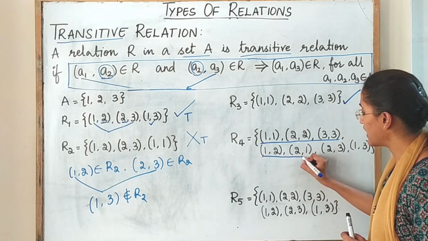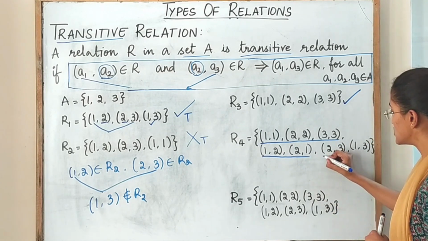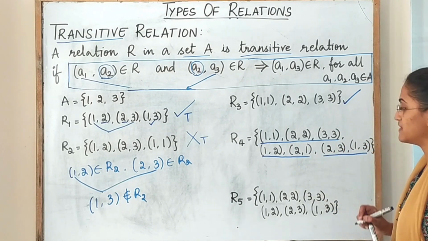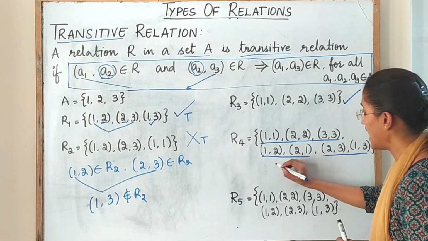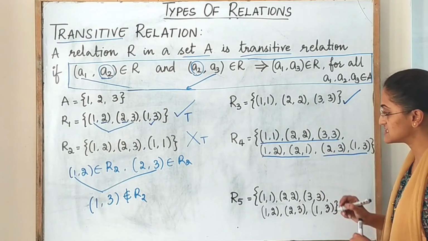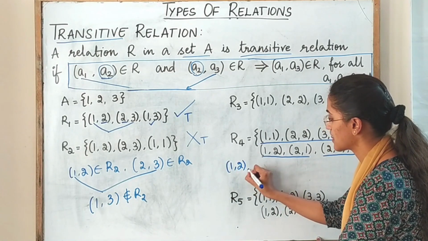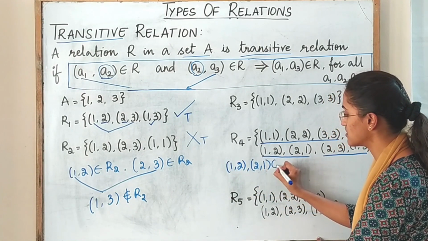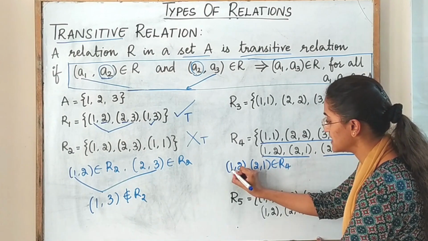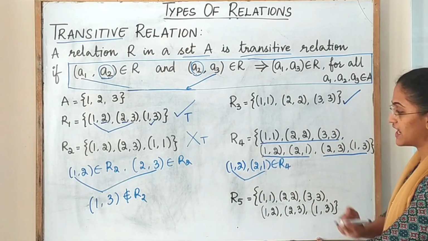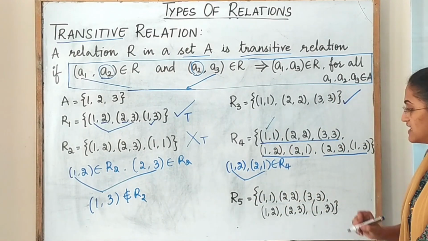and (1, 2), (2, 1) belongs to R4. (2, 3), (1, 3) belongs to R4. Now, as per the condition of transitive, (1, 2), (2, 1) belongs to R4. As per the condition, (1, 1) should belong to R4, and yes, we do have the element.